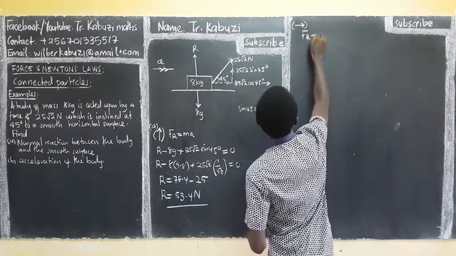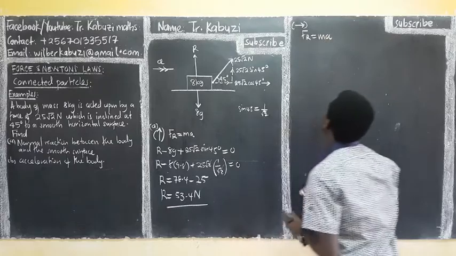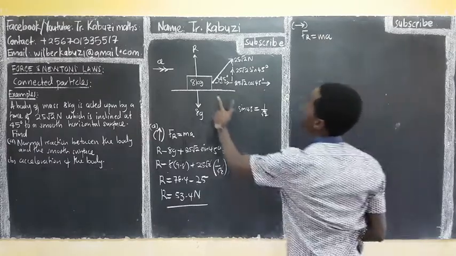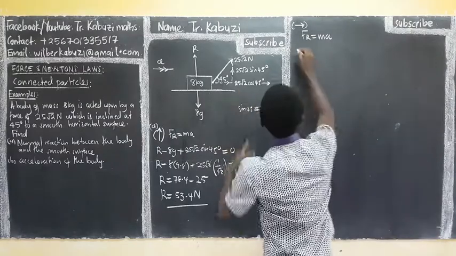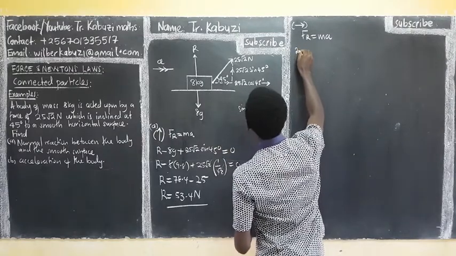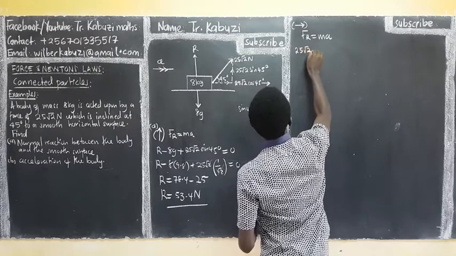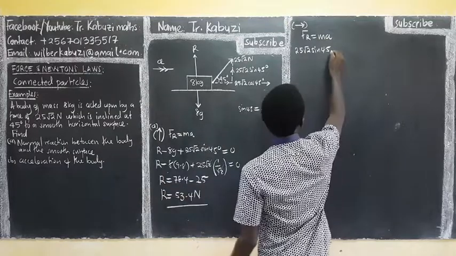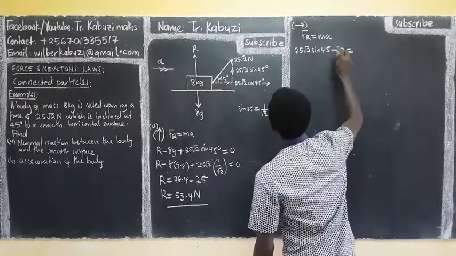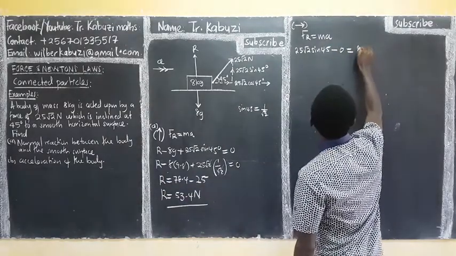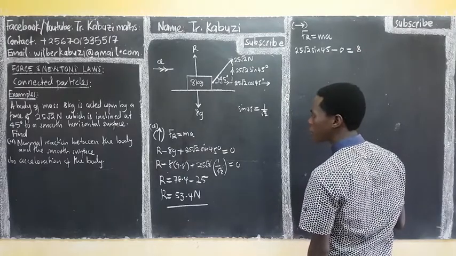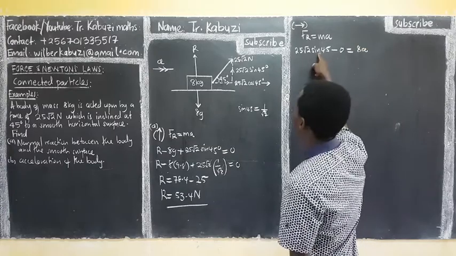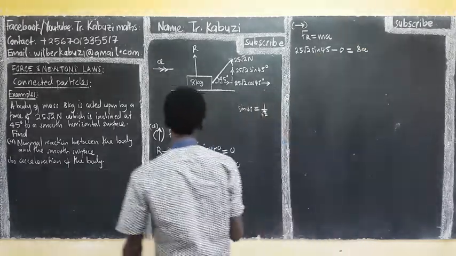Our resultant force is equal to m times the acceleration, which we want. The force in this direction is only one, going this side, 25 root 2 cos 45, and the opposite is 0, equaling the mass of the particle, which is 8, times the acceleration, which is what we want.